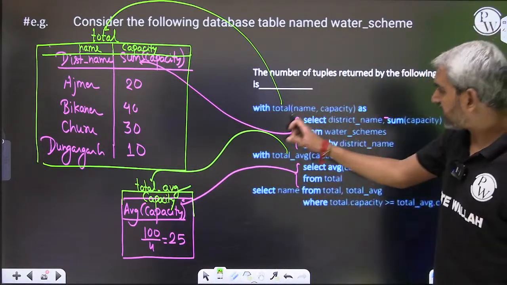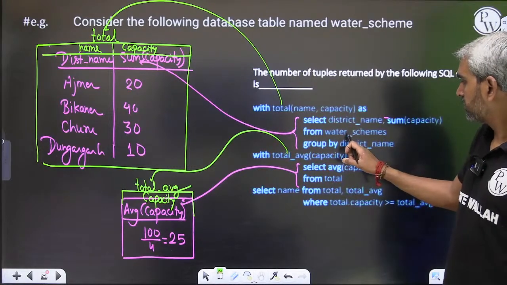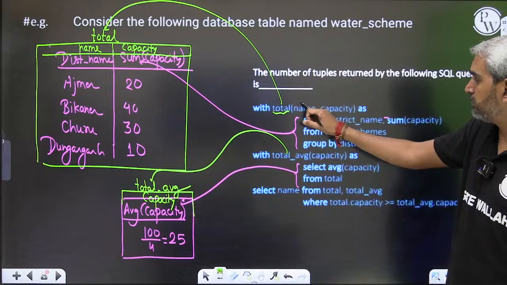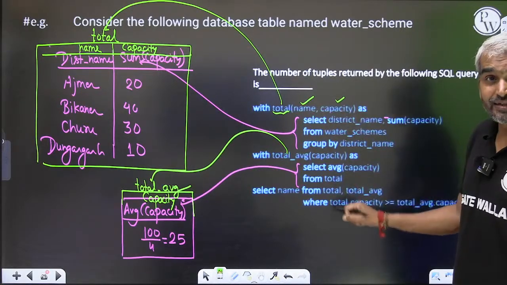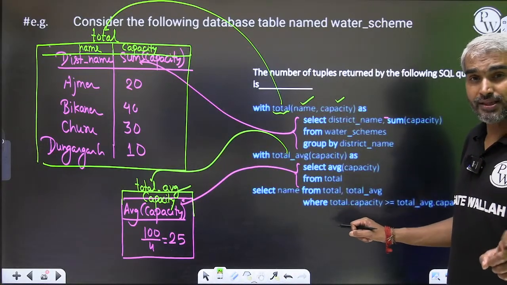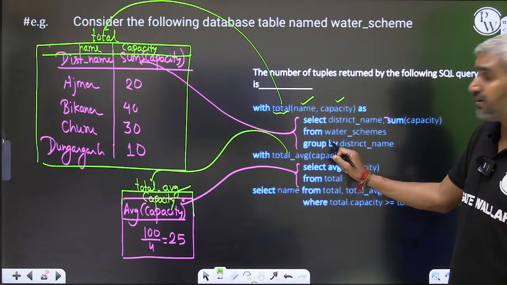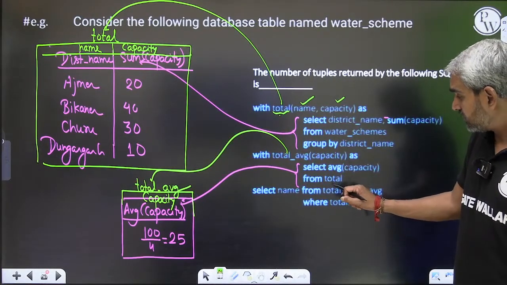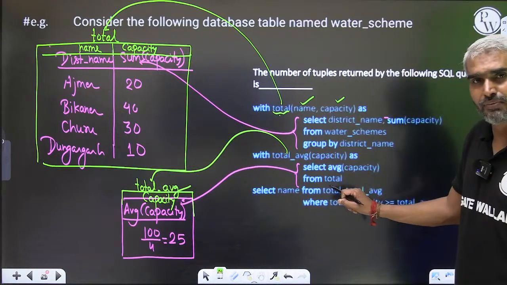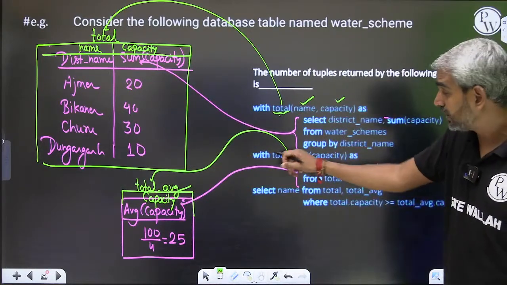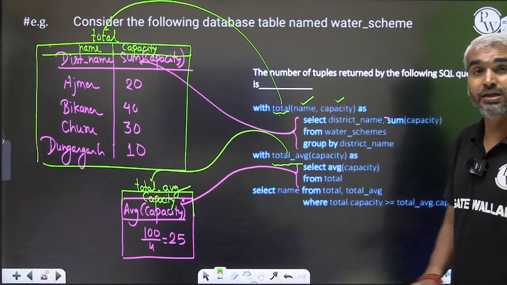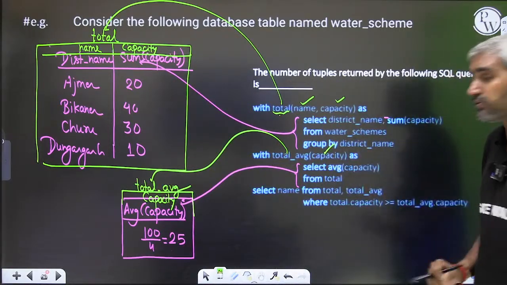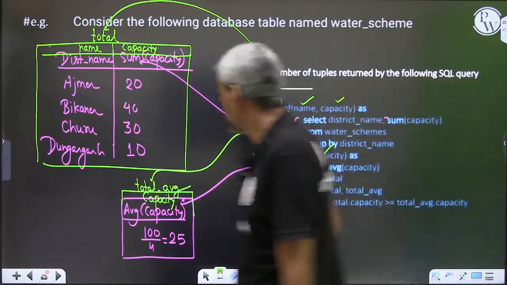This first subquery will be renamed as the total relation, which will have two attributes, name and capacity. The second subquery will execute on the output of the first subquery, that is, on this new relation total. So it will calculate the average capacity from the table total, and it will be assigned a new name, total average, and it will have the capacity. That is, what is the average capacity?